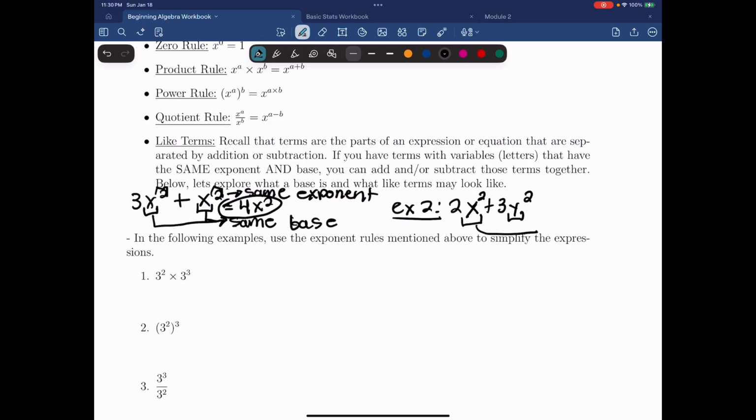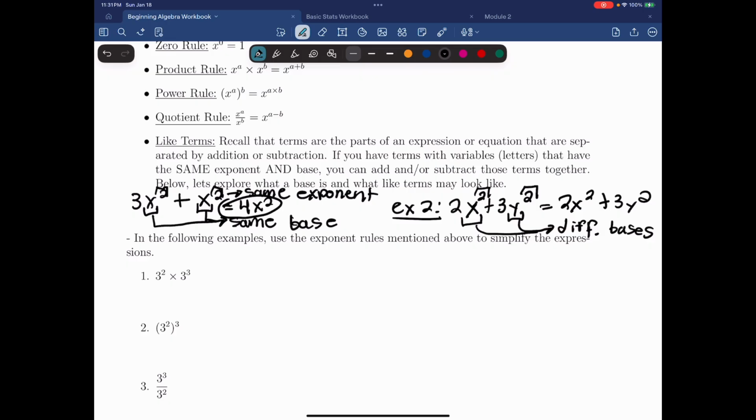So these two are different bases. But we do have the same exponents. Our exponents are both raised to the second power, but because we have different bases, we can't simplify this at all or combine any like terms. So this is our answer, 2x squared plus 3y squared.